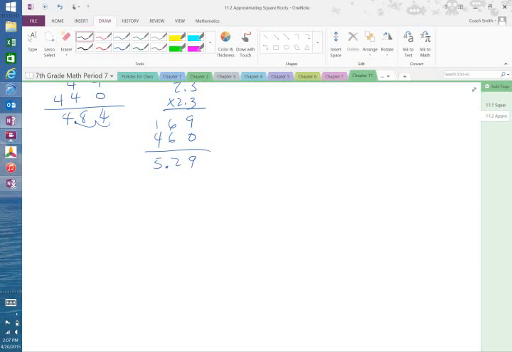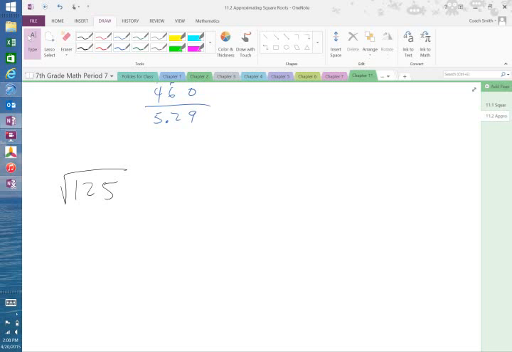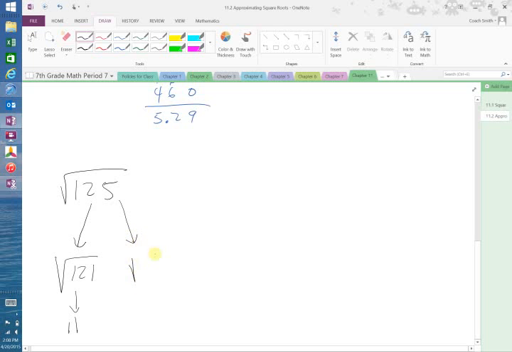Now, let's say I had the square root of 125. Well, this one's a little bit more difficult because I have 3 numbers. I have 125, so I have to figure out where the square root of 125 falls between. Well, it's not a perfect square, but it falls between the square root of 121, which is 11, and the square root of 144, which is 12.